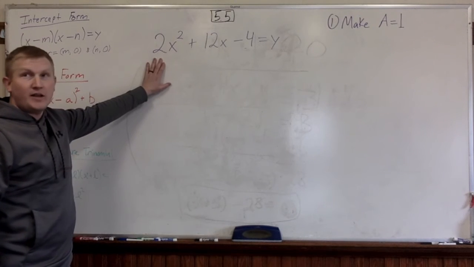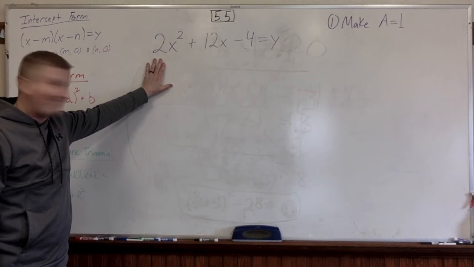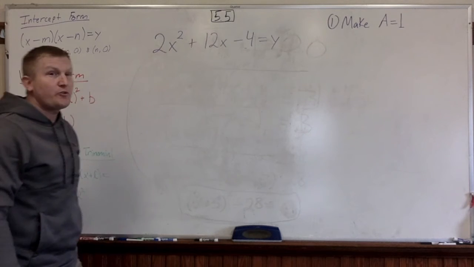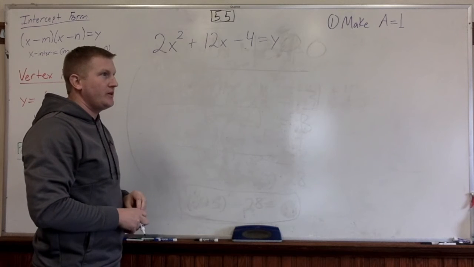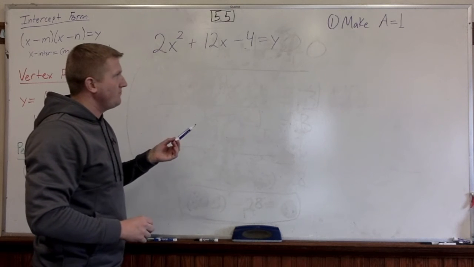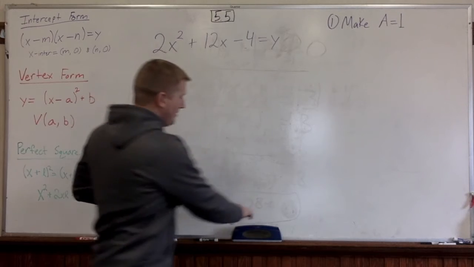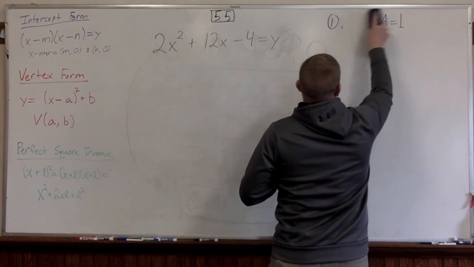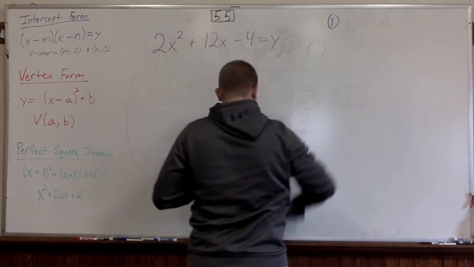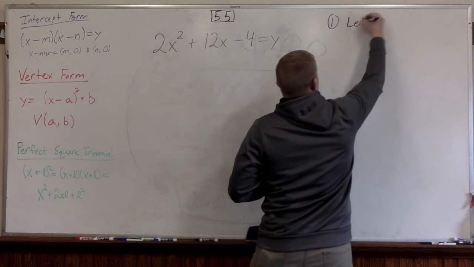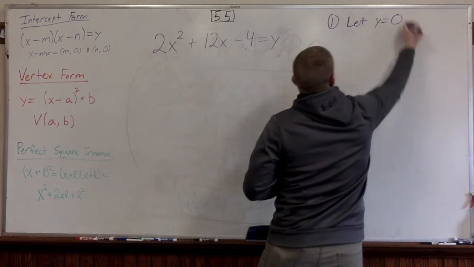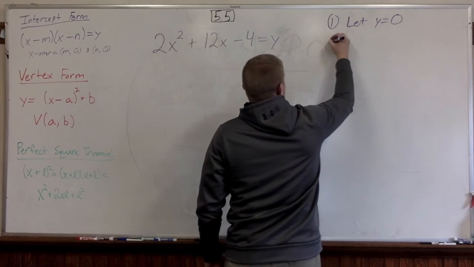In this case, it is not. It is 2. So we're going to have to divide... I misspoke. That is going to be step 2. We're going to let y equal 0 be our first step.